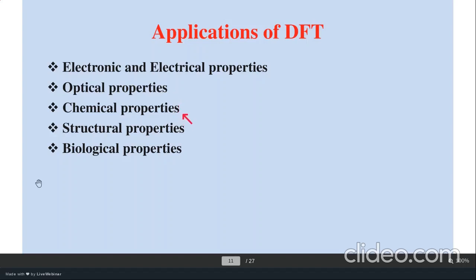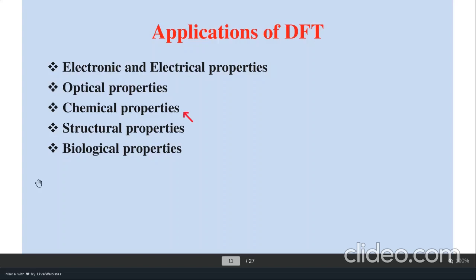The chemical properties. In chemical properties, we can calculate the rate of the reaction. By plotting the graph, we can introduce the chemical properties of this molecule. The structural properties, as we told, the optimized geometry, we can calculate using the software through this method.